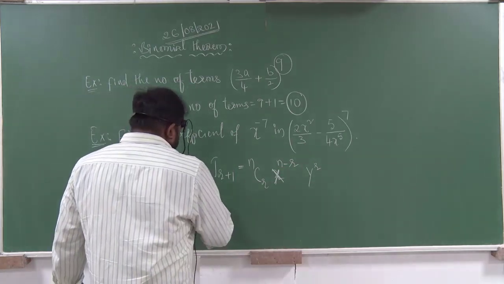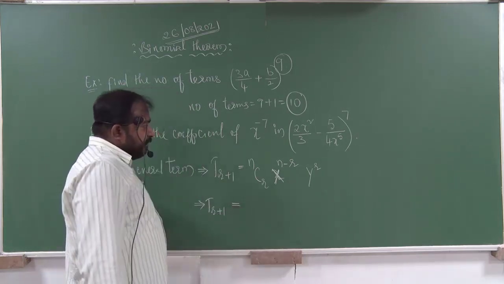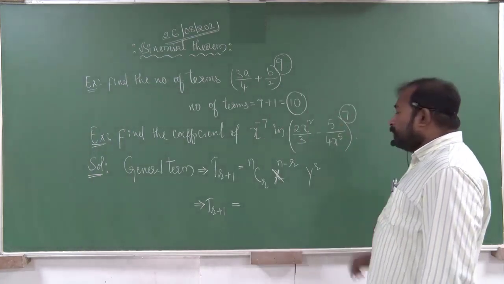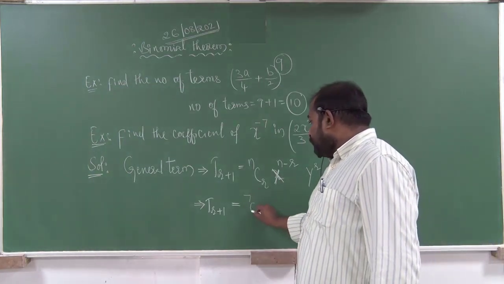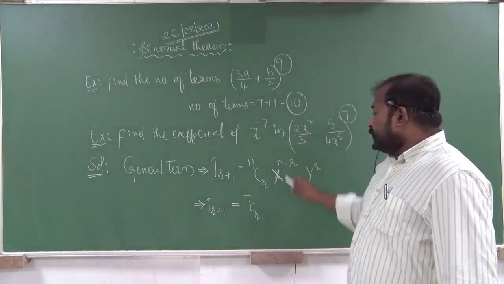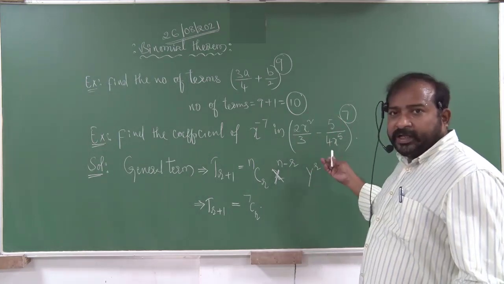Now here also the general term T(r+1) is given by, tell me, instead of n, what is the value here? 7 is there. So here you will get 7Cr into, this is the first value, means a, or a and b, you may take like that also.